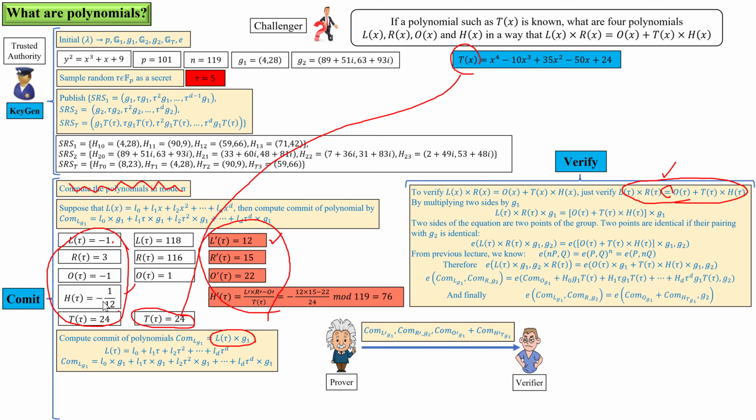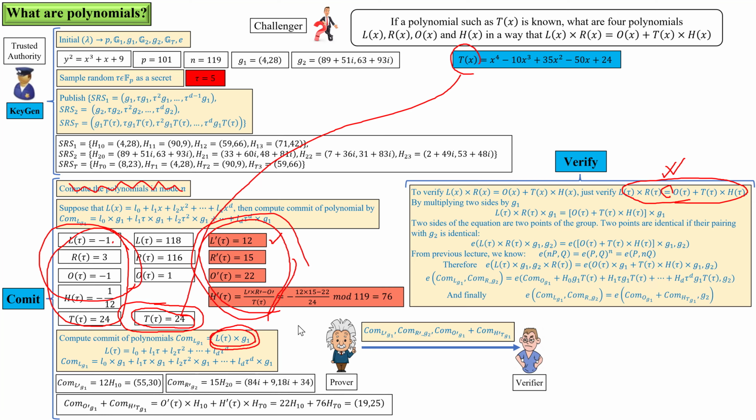So you see that these are the correct values from the polynomial, but when the prover knows the value of tau, it can compute the T of tau and then decide these four fake values in a way that this equation is passed. Now the prover uses the second formula to compute the commit of polynomials.